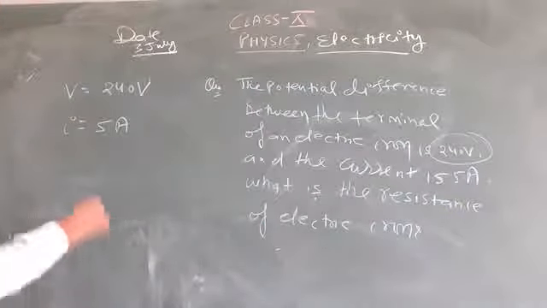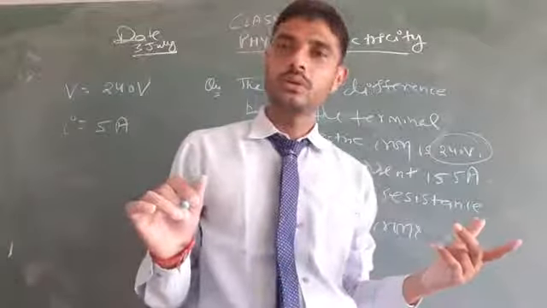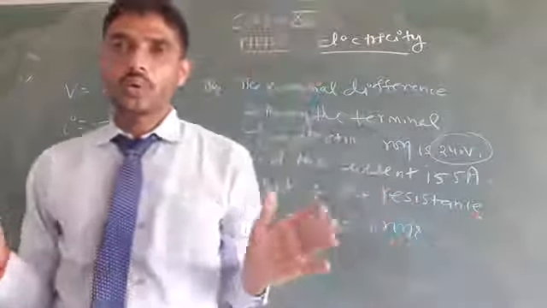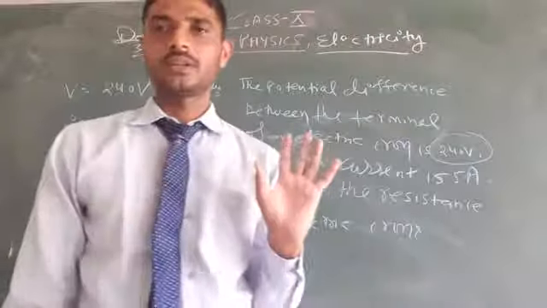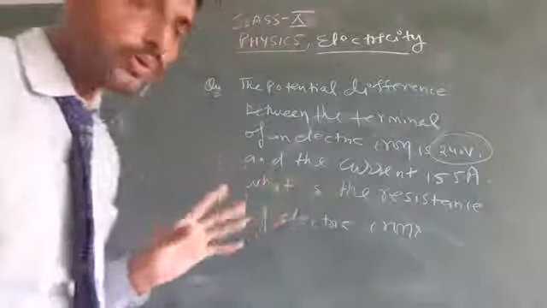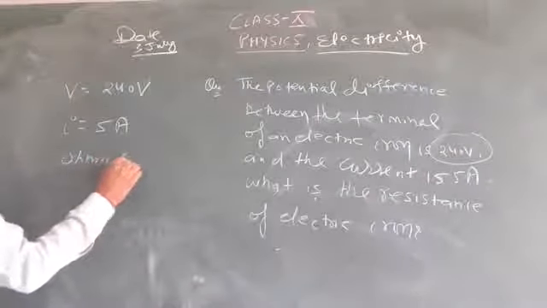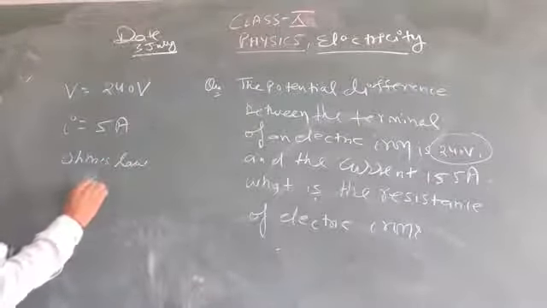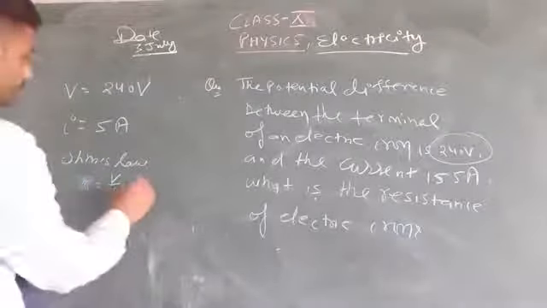So in the previous two questions we used R equal to rho L upon A, but in this question we have to use a simple relation that is known as Ohm's law. R equal to V upon I. So what is voltage?